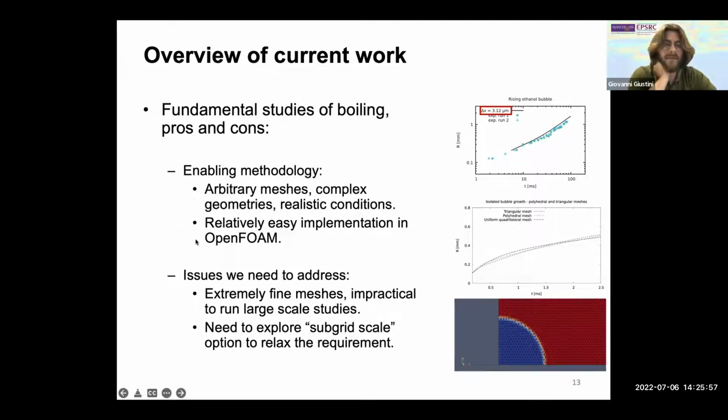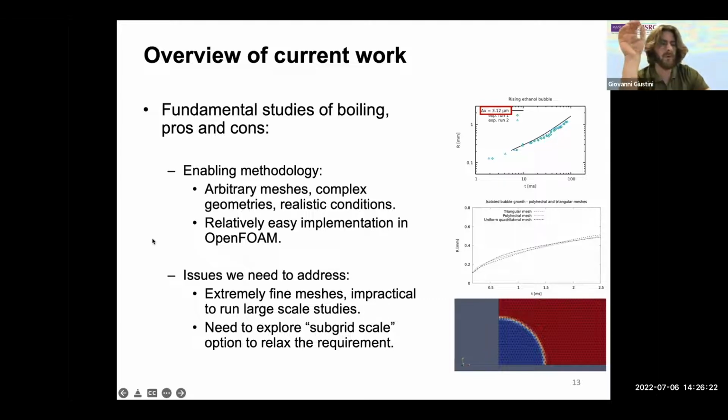However, we have seen that very good mesh resolution is required in order to capture the behavior of these kinds of flows. So in the end, you need very fine meshes, which can be impractical if you want to run a lot of production runs for large-scale studies, such as parametric studies.